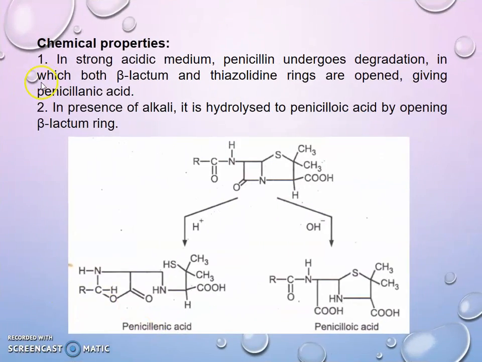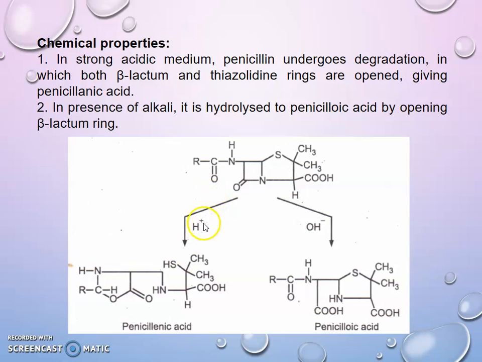Chemical property. In strong acidic medium, penicillin undergoes degradation, in which both the beta-lactam and thiazolidine rings are opened, giving penicillinic acid. In presence of alkali, it is hydrolyzed to penicilloic acid by opening the beta-lactam ring. This is the reaction showing acidic medium as well as alkali medium.